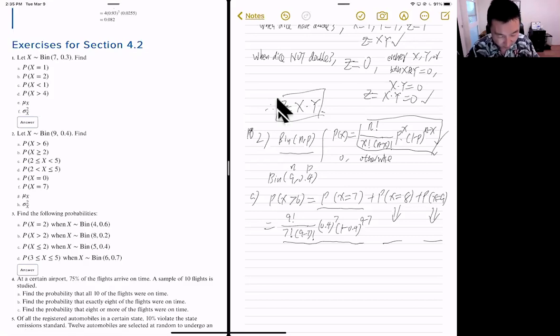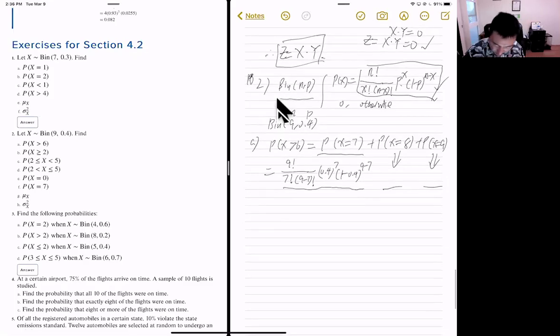The next part is P(X larger than or equal to 2). That is a lot of calculation, right? What we can do is P(X equal to 2) plus P(X equal to 3) plus P(X equal to 4), and so on, plus P(X equal to 9). That is many calculations.